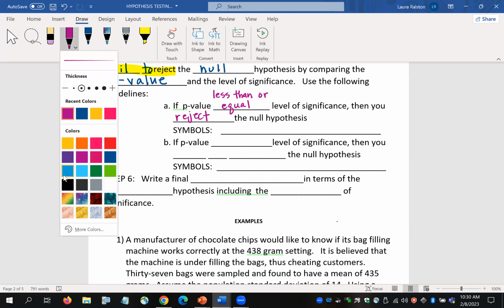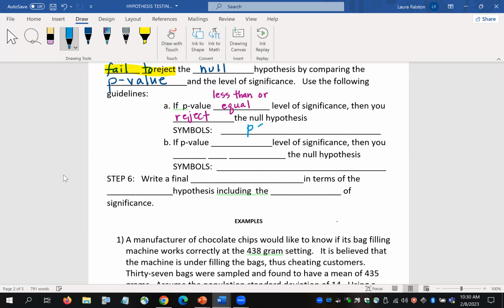In symbols, we write P is less than or equal to the level of significance. We reject the null. If the p-value that you get from Minitab calculations is less than or equal to your level of significance, you will always reject the null.